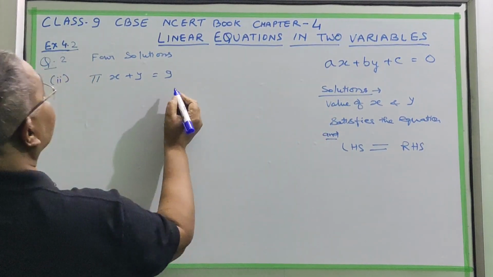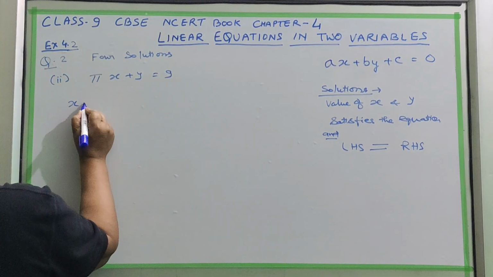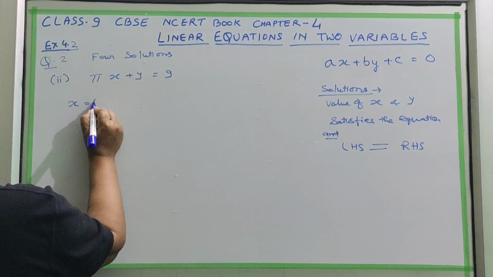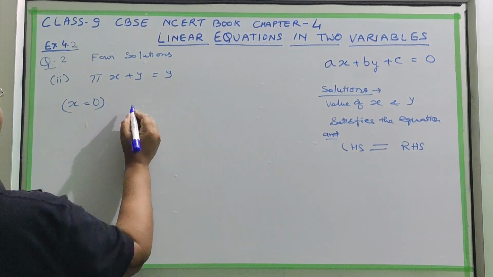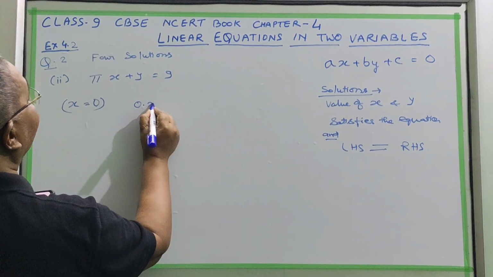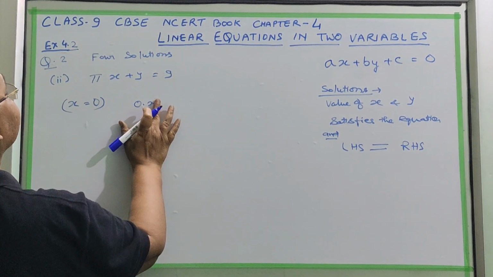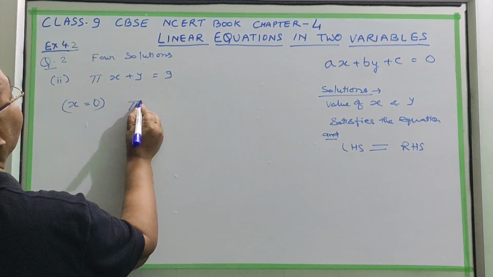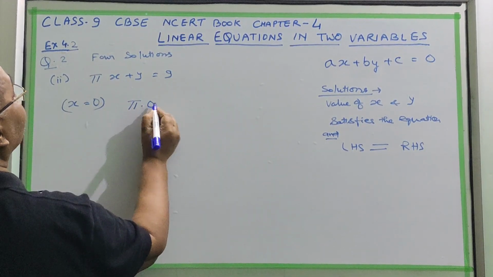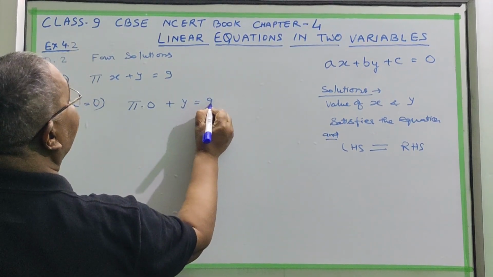So let x be equal to 0 first. So what will the equation be? Since we have taken the x value as 0, pi multiplied by 0 plus y will remain the same, equal to 9.